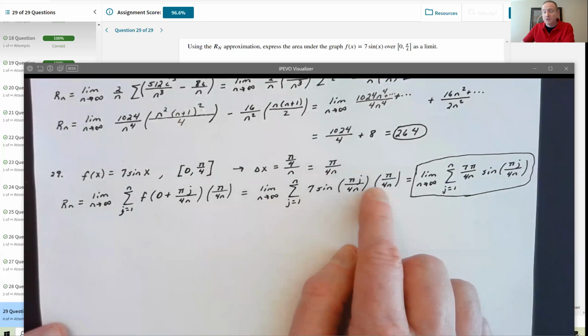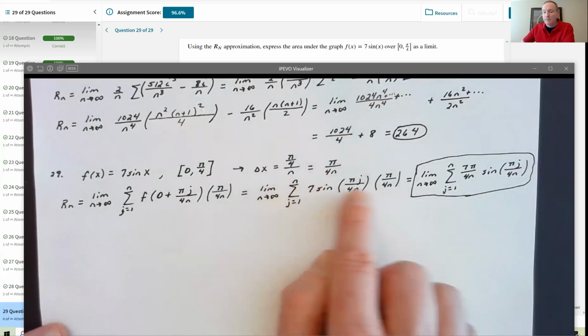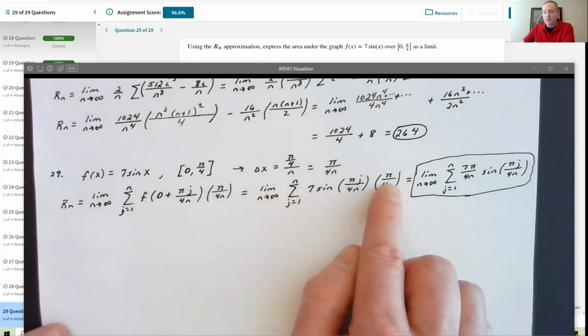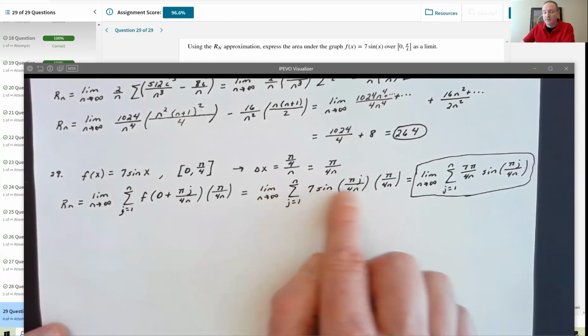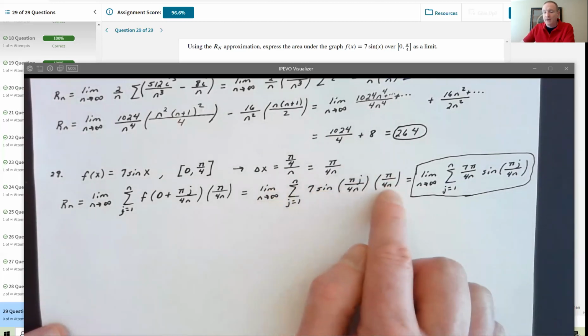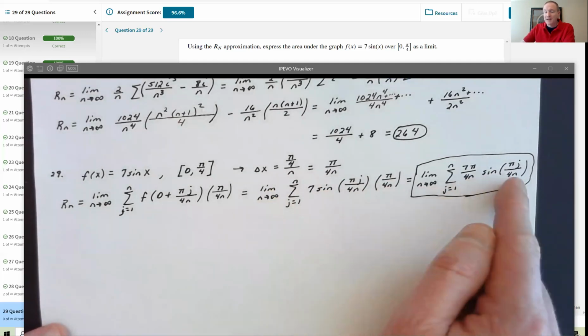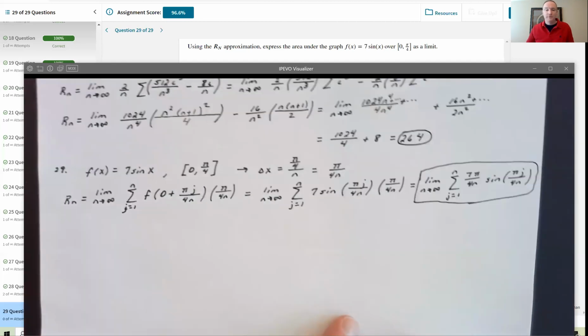Now, in order to match their answers, they're wanting you to leave everything on the inside of the summation, but you can multiply the two constant factors. The only variable term is this right here with a j in it. This 7 pi over 4n could be multiplied, and I'll bring it out front to match their ordering, times the sine of that angle, pi j over 4n.